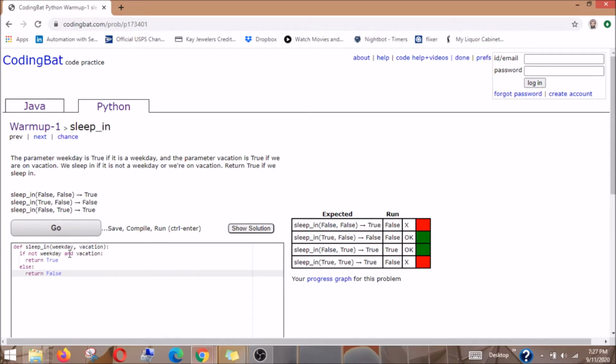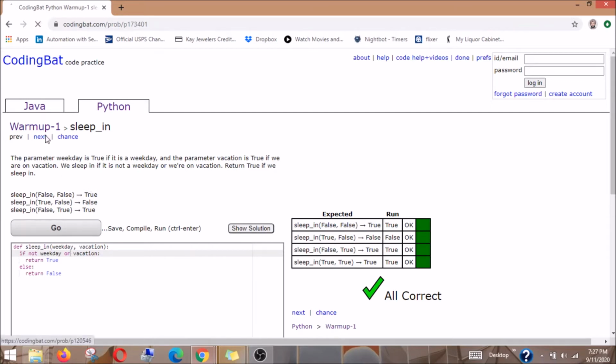If both are false, then we are sleeping in? No, that was the basic mistake we were making. So if it is not a weekday or it is vacation, then it is true, else it is false. It was a basic example and I was expecting that. Let's go to the next question.